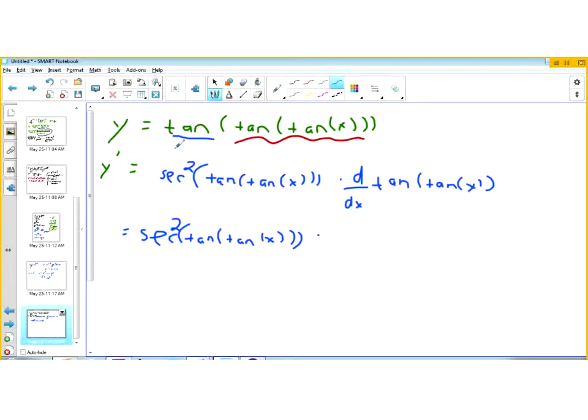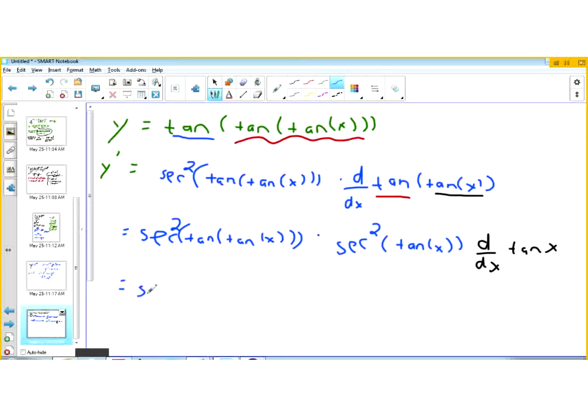Okay, times, now we take the derivative of this piece right here, so that would be secant squared of the tangent of x. Okay, and then we have to take the derivative of the argument to this piece. So that would be times the derivative with respect to x of tan x. Okay, so we're almost done.